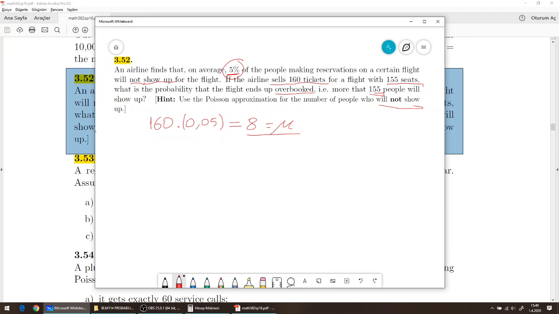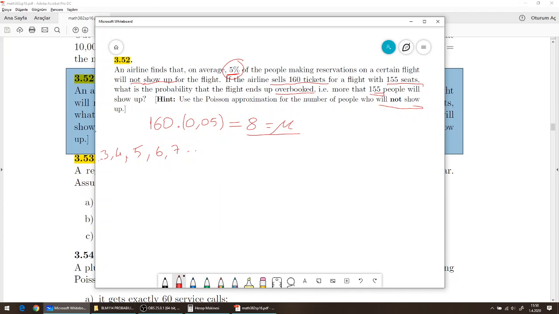Yes. When do we have a problem? If 5 people don't come, we don't have a problem. 6 don't come, no problem. 7 don't come, no problem.